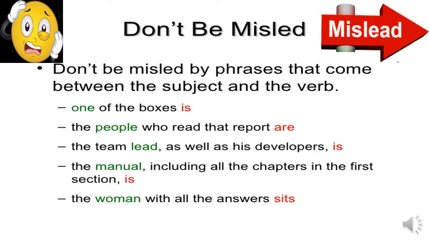Well, children, there are a lot of things that we get confused with in this topic. So don't be misled by these things which are mentioned below. Don't be misled by phrases that come between the subject and the verb. One of the boxes is... though it is about the boxes, which is in plural form, we have the phrase one of.